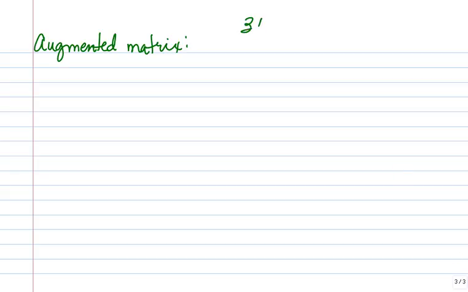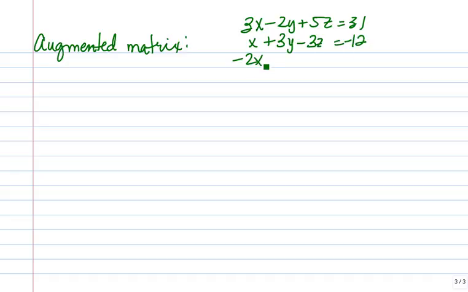We had 3x minus 2y plus 5z is equal to 31. x plus 3y minus 3z is equal to negative 12. And negative 2x minus 5y plus 3z is equal to 11. So our augmented matrix is going to be just the numerical coefficients and the right-hand side.